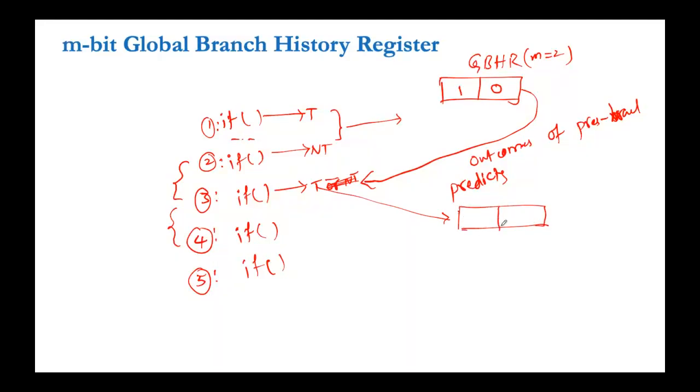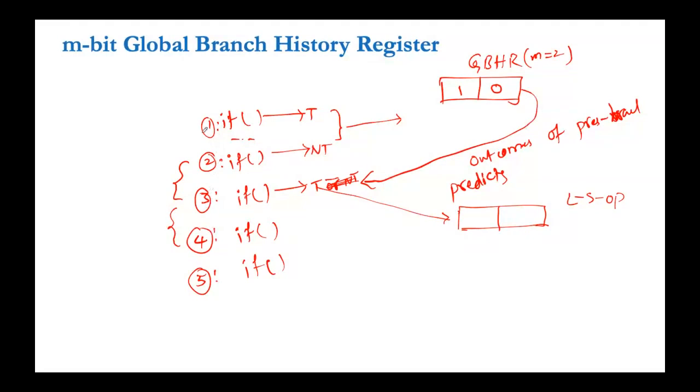In this case, it takes a left shift operation. To predict, the previous two, 1 and 2, were taken and their history is recorded, and now the third one is updated.